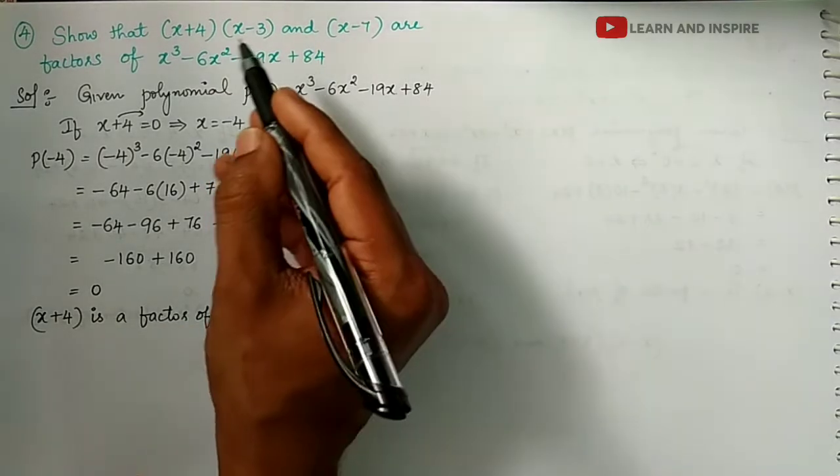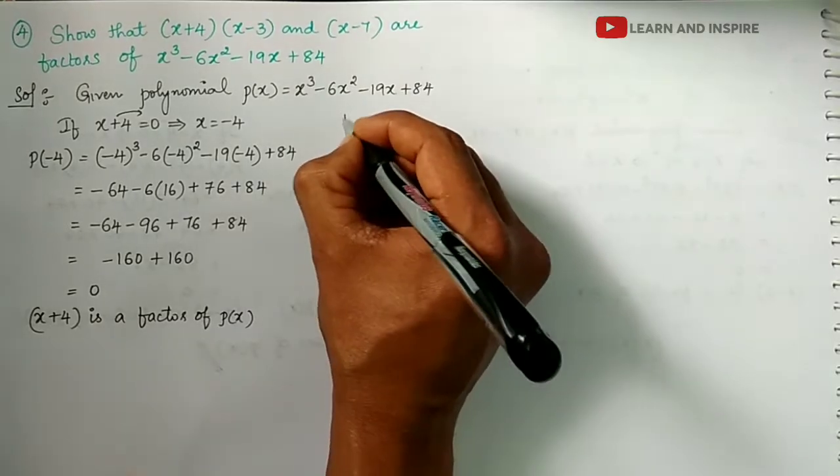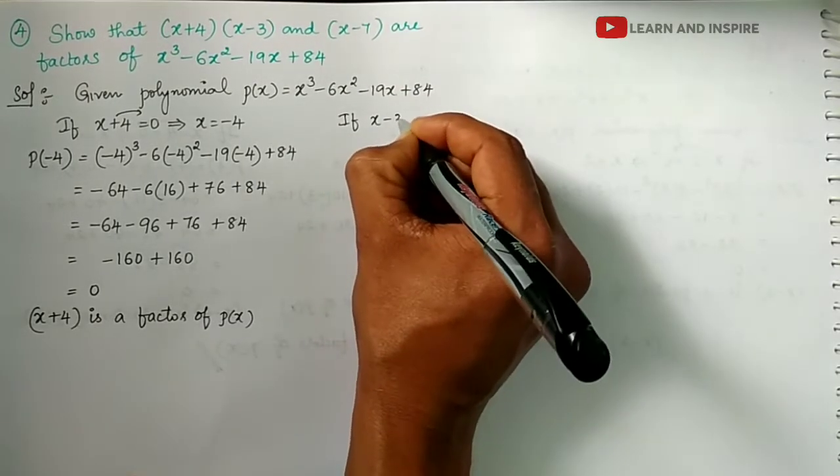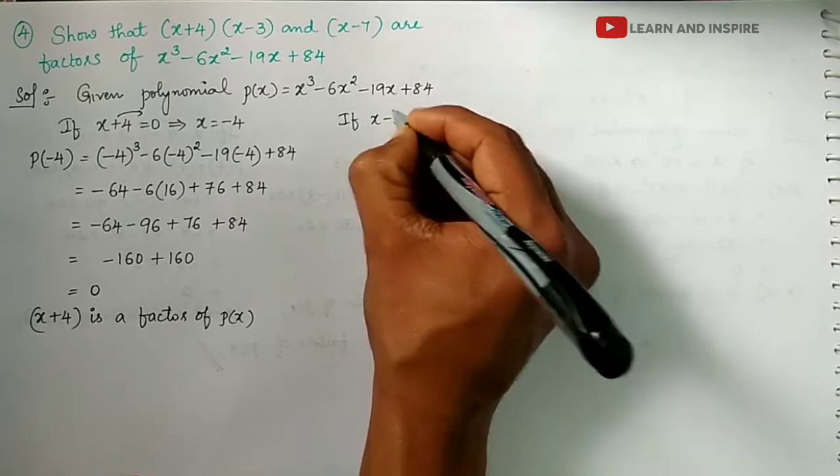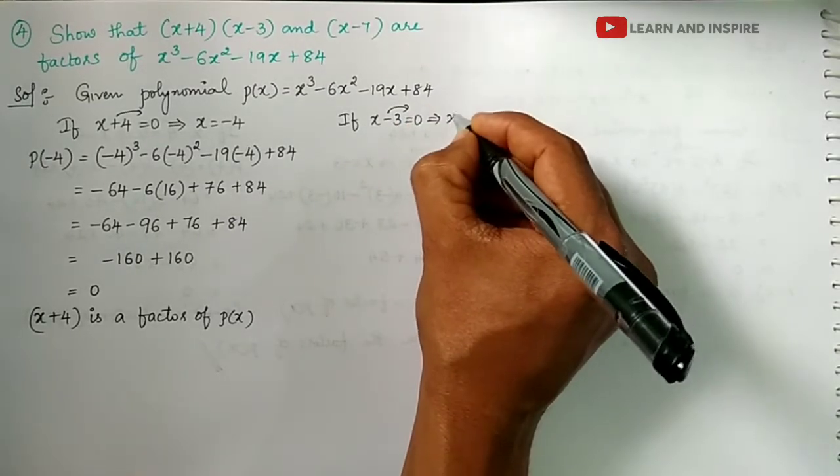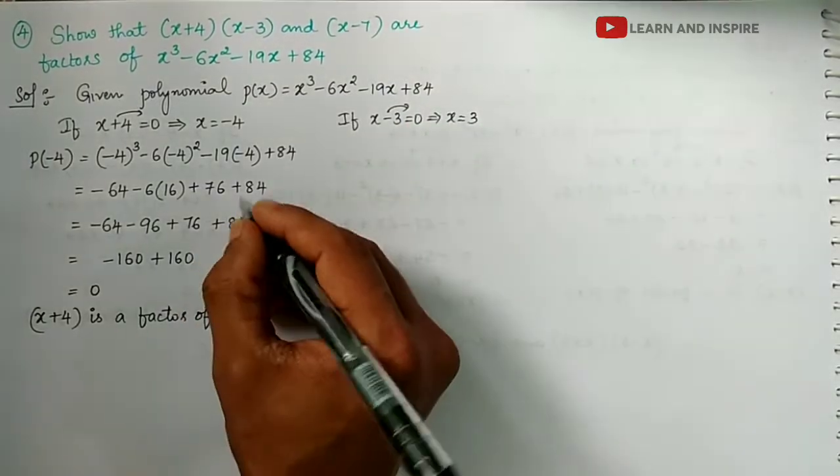Okay, now the second one is x minus 3. If x minus 3 equals 0, that implies if I transpose minus 3, we get x equals 3.